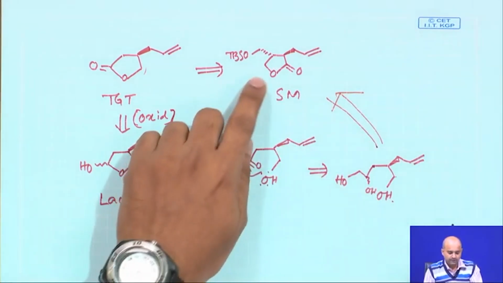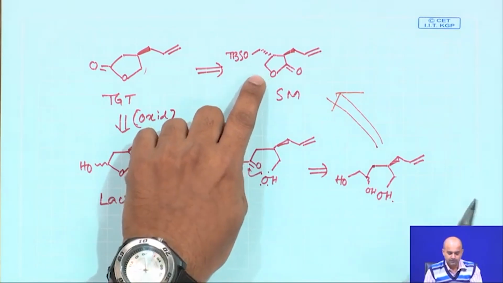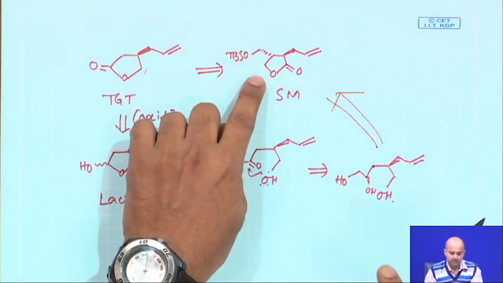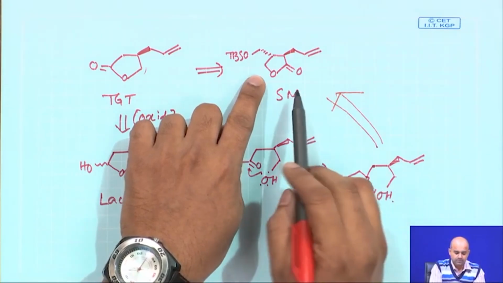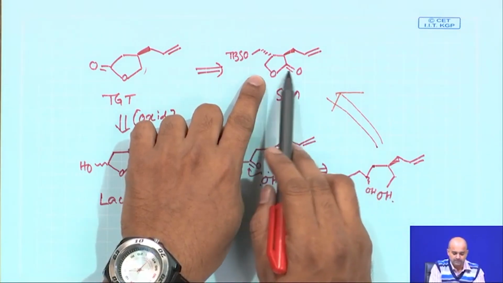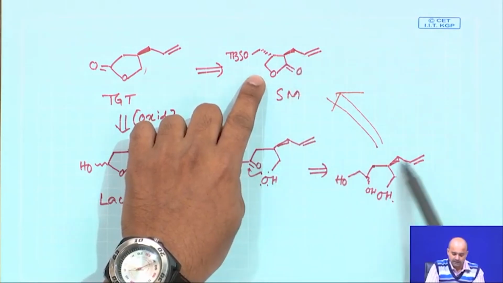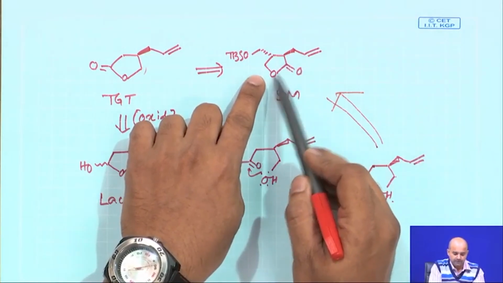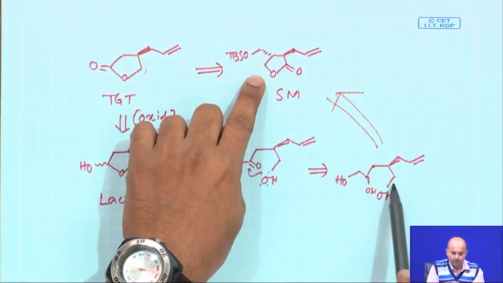We say that if you have the starting material, you just simply do a reductive cleavage. Reductive cleavage means you do a reduction. Now, this reduction will basically give you an allyl here. This is basically a carbonyl group which will be reduced to alcohol.